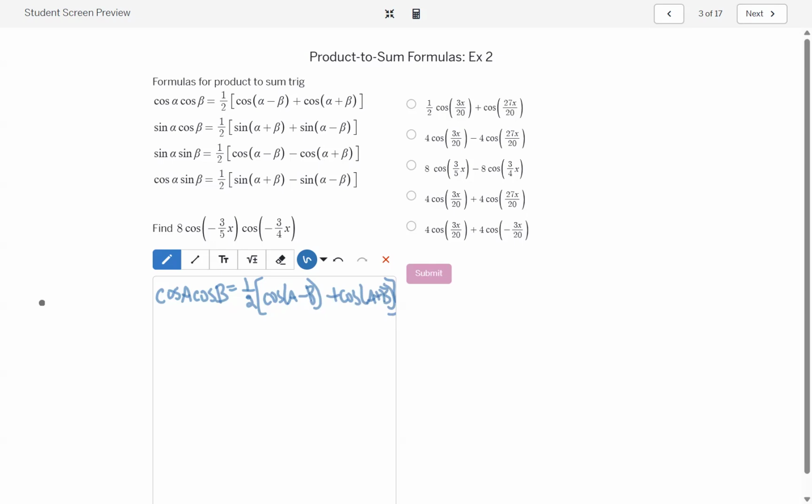So we've got the 1/2 cosine A minus B plus cosine A plus B.